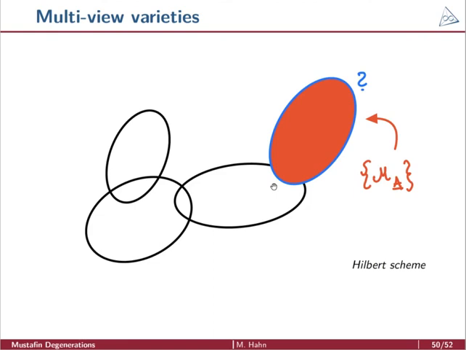So we, in some sense, really have a computer vision interpretation of at least one of the irreducible components of this Hilbert scheme. Yeah, okay, so it's known that there are also other components.